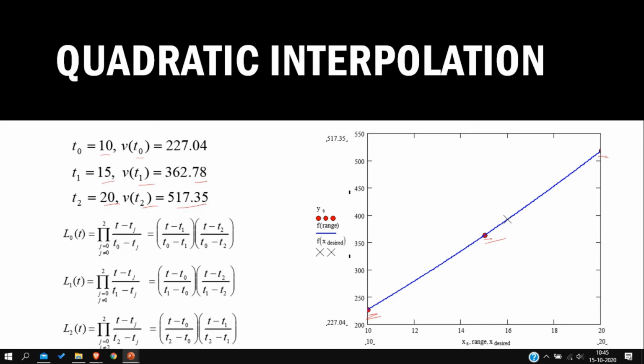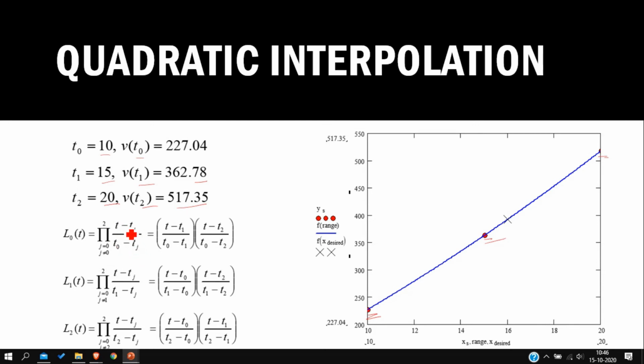In this case, as you know, we need L0, L1 as well as L2, because there will be 3 different terms in quadratic interpolation. So L0, as we have seen earlier, is the product over j equal to 0, j not equal to 0, to 2, of t minus tj divided by t0 minus tj.